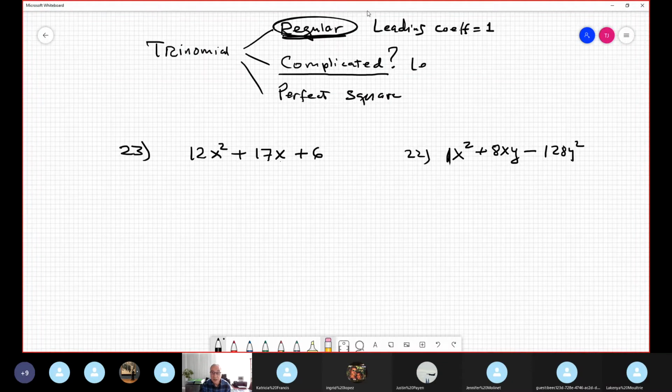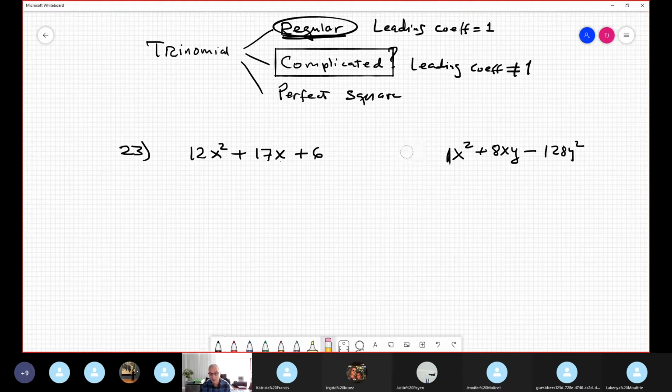When the leading coefficient is not 1, it's different to 1, so it's complicated. And complicated we are doing a little bit different. No, it's super complicated, but it's a little bit different. So we have two different methods for solving this. I prefer one that I want to explain now.